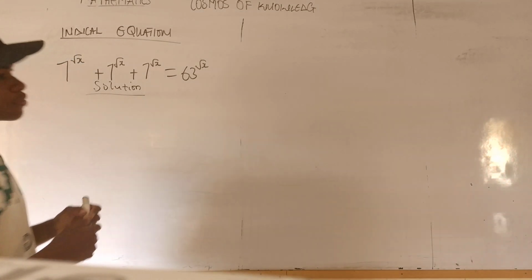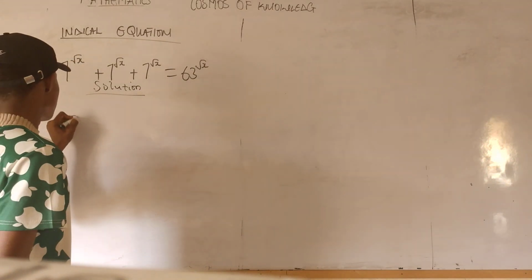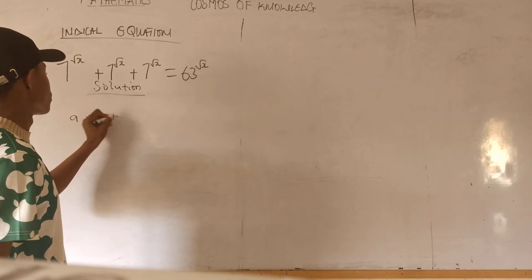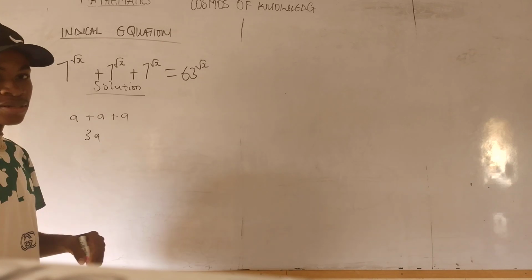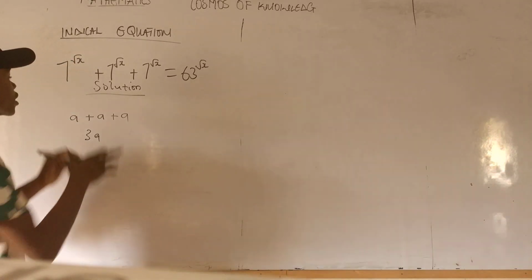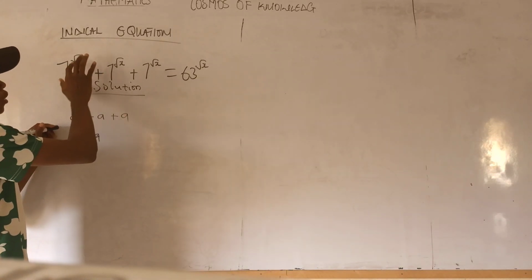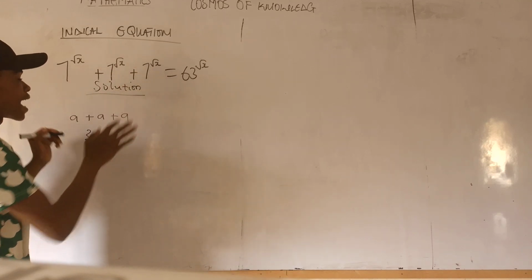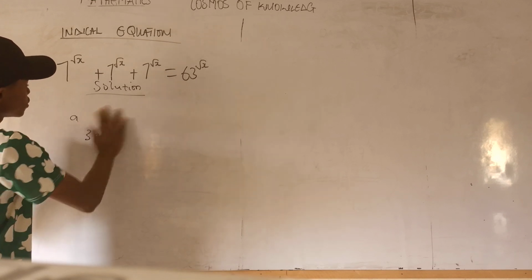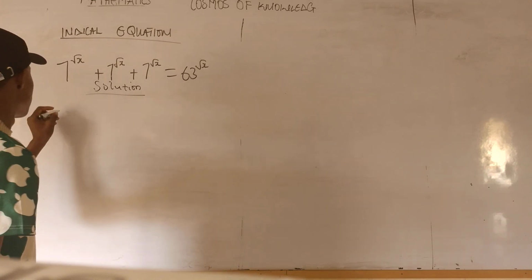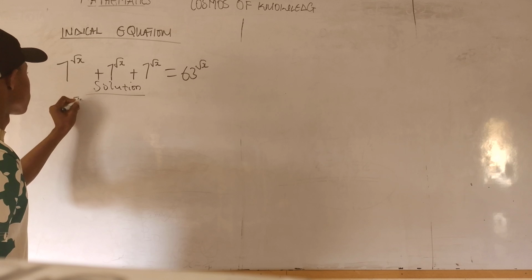Remember, if you have something like, let me say, A plus A plus A, it will only give you 3A, right? So just imagine this 7 raised to root of x, this and this, as A, because they are all the same, right? So you can simply say that this is what? Okay, let me rewrite it here.